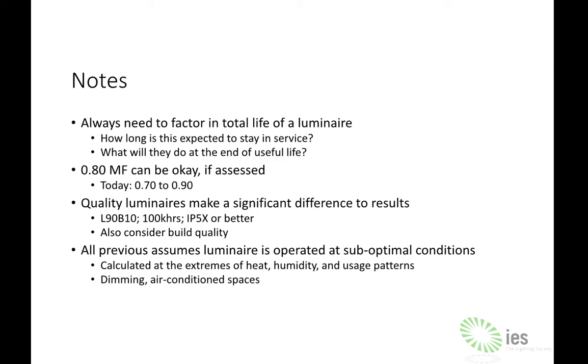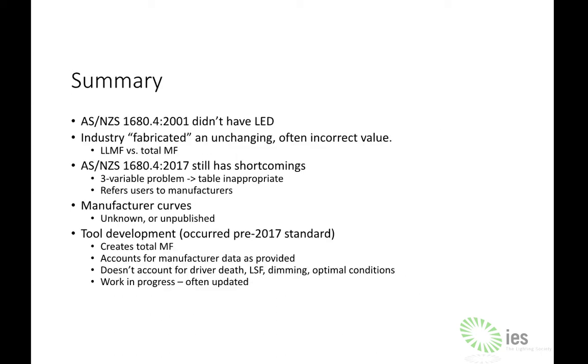It's being dimmed because it's required under J6, or it's a nice air-conditioned space at 21 degrees. So there's plenty of cases where that LED is doing a lot better. If you can justify using your own numbers, if you can justify that it's going to get better than that, that's up to you. At the moment, there's no easy way of changing the temperature and as a result changing the life of an LED. I don't have a fix-all for that yet.